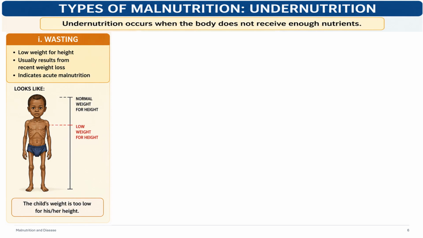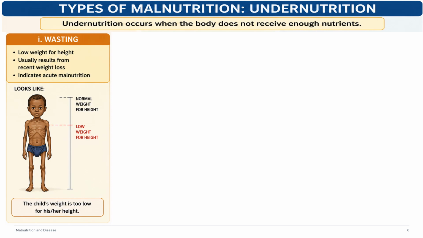That is to say, the child's weight is too low for his or her height. Hence, wasting is when the child or adult has very low weight compared with their height. It usually reflects recent or acute weight loss that is often linked to food shortage or recent illness.